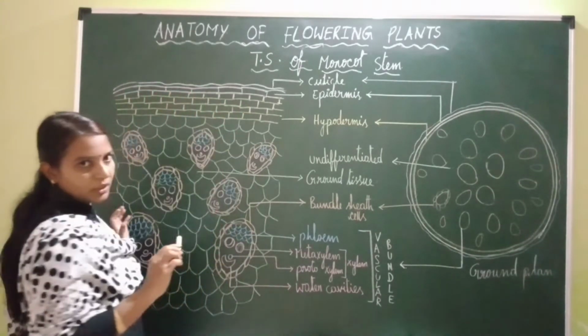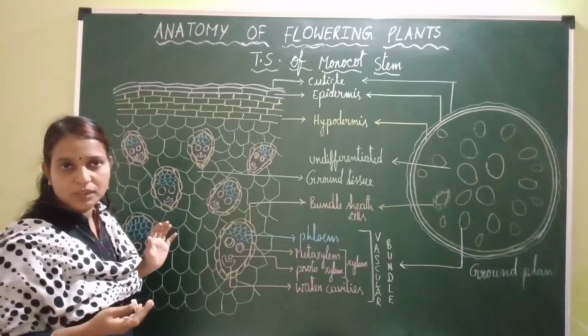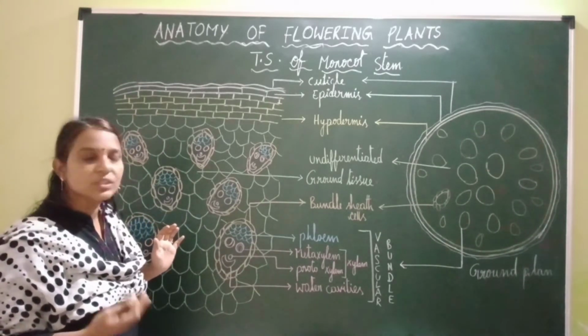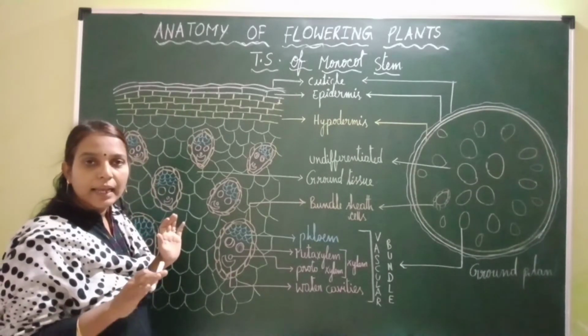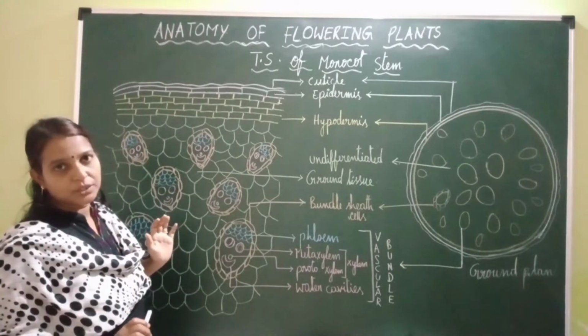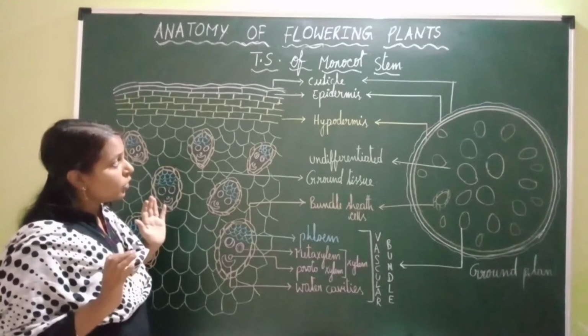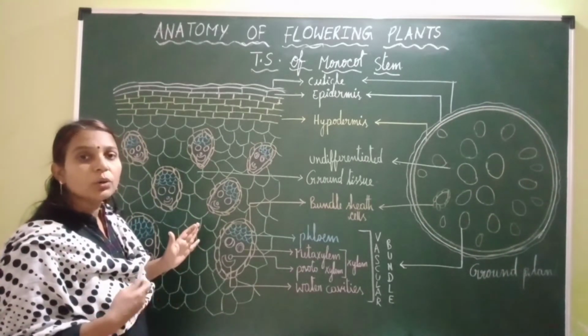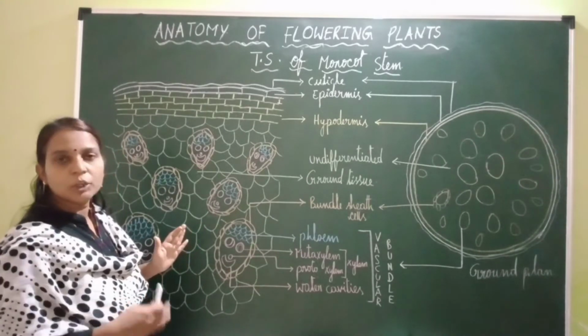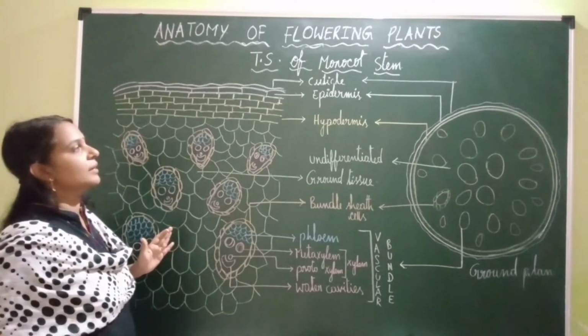We know what is cuticle. Cuticle is made of a waxy substance called cutin, which is secreted by the epidermal cells. This cuticle helps in reducing the rate of transpiration. So this epidermis of monocot stem is cuticularized epidermis.